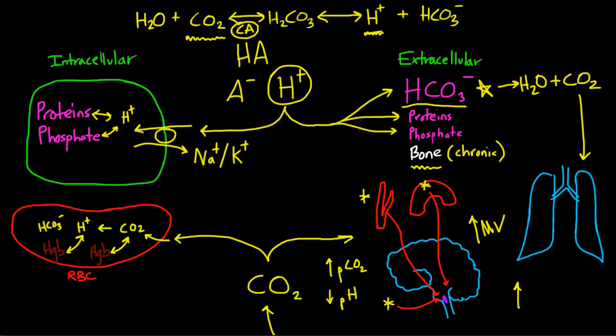And this is going to increase CO2 excretion. A lot of this can occur without you even knowing, so this is why I'm listing it here as a ventilatory buffer. This is how we can handle an excess load of CO2.